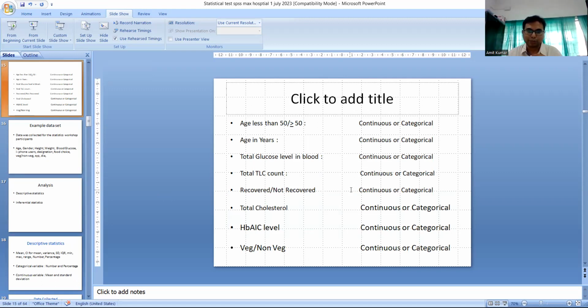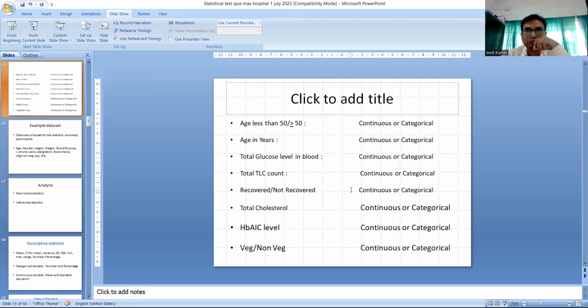Age less than 50, more than 50? Is it categorical or continuous? Categorical. So most of them are telling categorical, then categorical is the right answer.